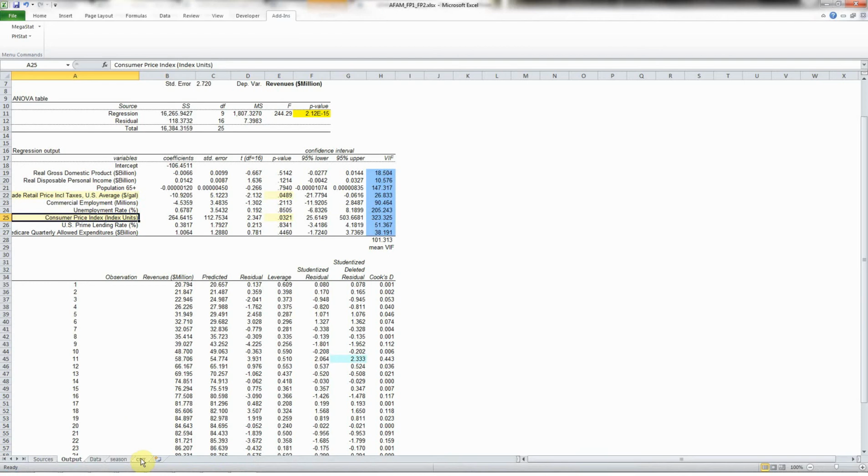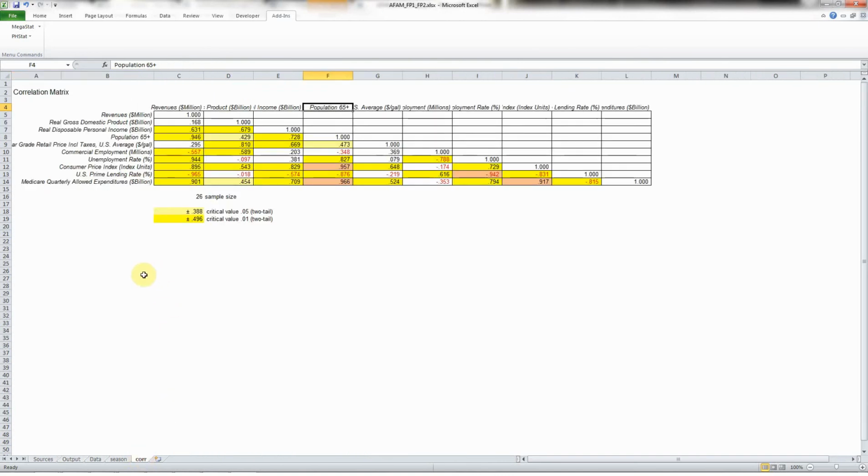But before we do that, let's see if there's another thing that might be better to drop that it's correlated with. I can guarantee that it's highly correlated with one of these other ones. So I'm going to look at consumer price index. There it is. And I see it has a pretty good correlation with our dependent variable revenues. That's good. We do want that to be high.